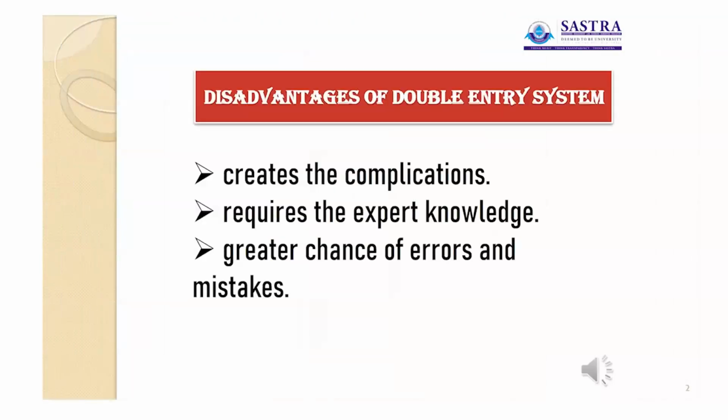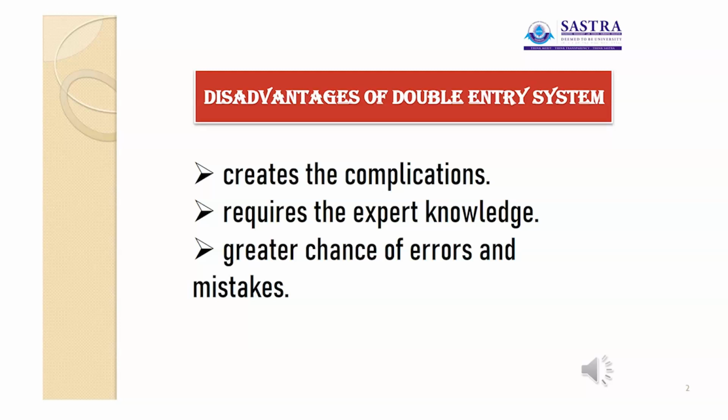Let us see the disadvantages of the double entry system. It results in increase in size of books. It creates complications; the main disadvantage is that it creates complication at the time of increase in size of books. The second one is it requires expert knowledge.